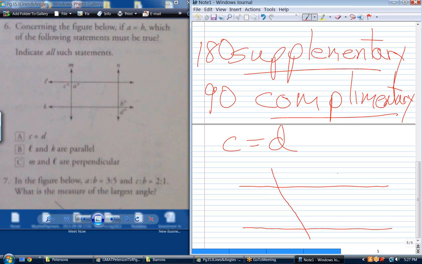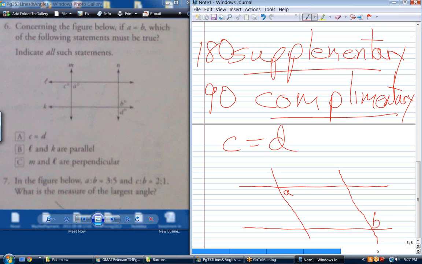And the only thing I need to do over here is draw it at the same angle. Ooh, hold it. A is not equal to B. How can you see that A is not equal to B? Well, I can see that A is an acute angle less than 90, and I can see that B is an obtuse angle greater than 90.